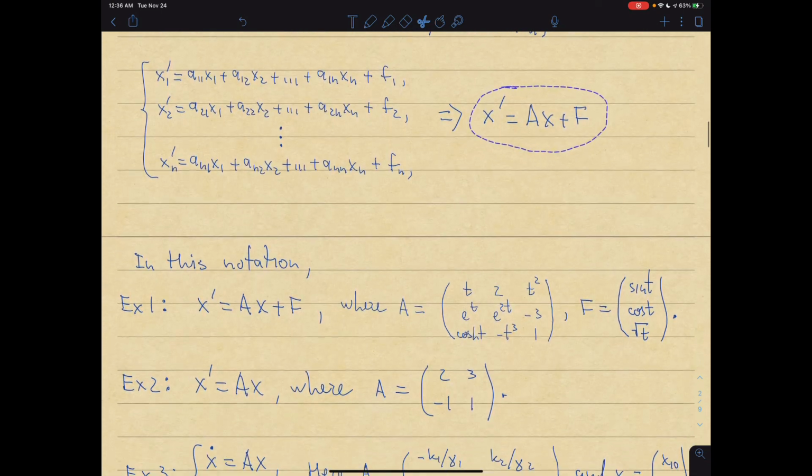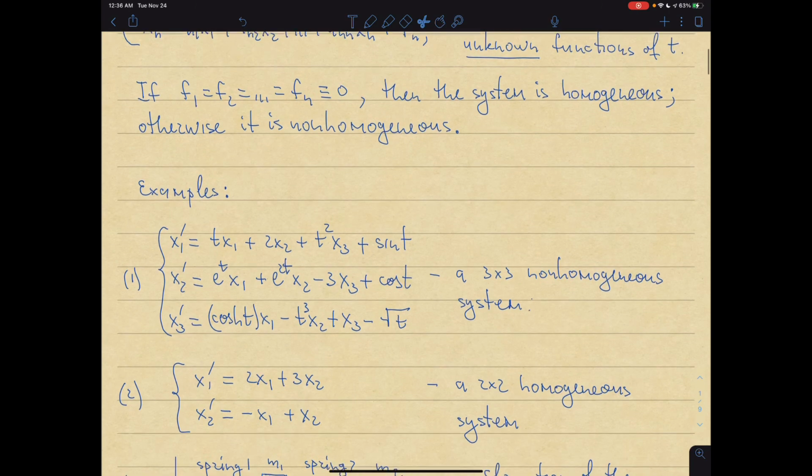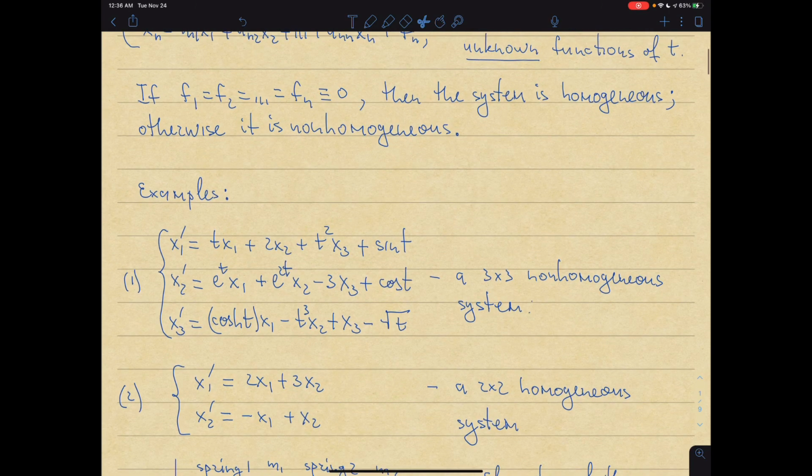So now if we go back to the examples that I showed you before, this first original system, right? If we think about it, the vector f must be sine, cosine, and minus square root of t. X prime is a vector which has three components.